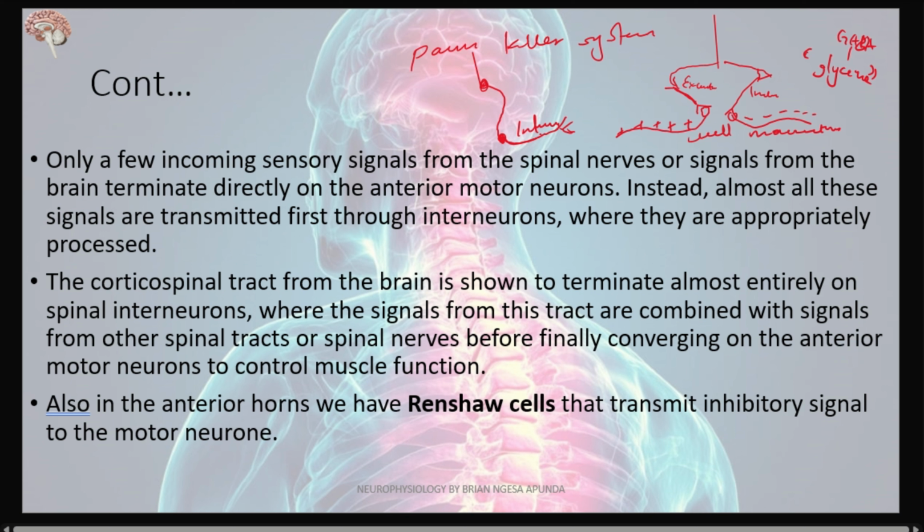Interneurons, we can have both excitatory and inhibitory on the same side. But for efficient movement, you'll see a specific tract exciting an excitatory interneuron on this side, while an inhibitory interneuron on the other side.